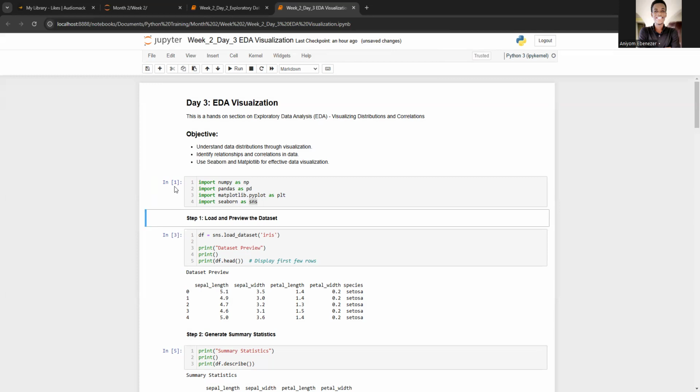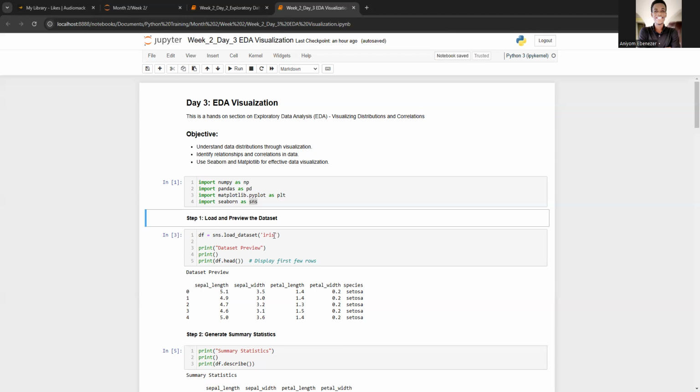Having imported this, we're going to take a step-by-step approach on how to visualize the exploration that we've done. The first step is to load and preview the data set. In case you have a data set you want to visualize after you've performed your exploratory data analysis, it's best you load the data set into the notebook you're using. The data set we're going to make use of is the iris data.